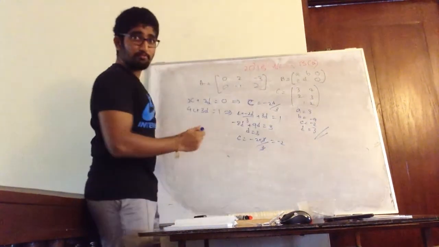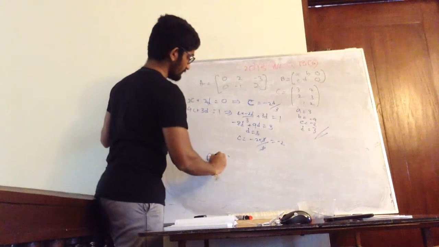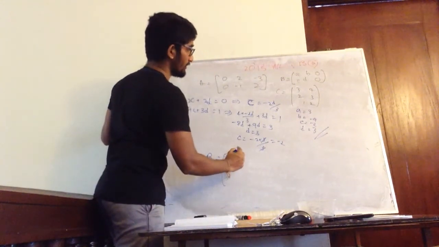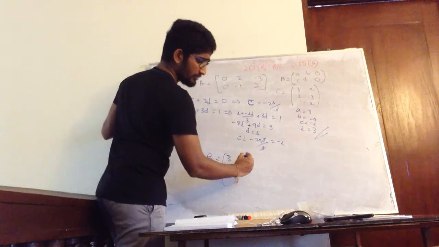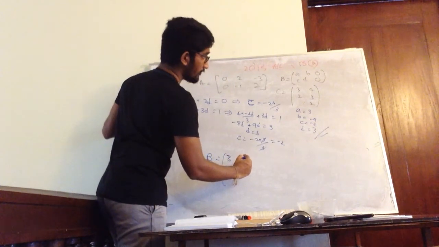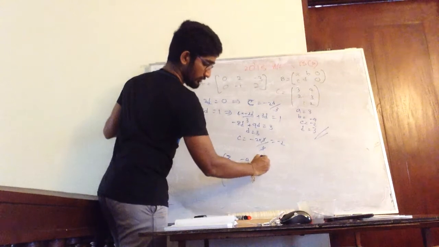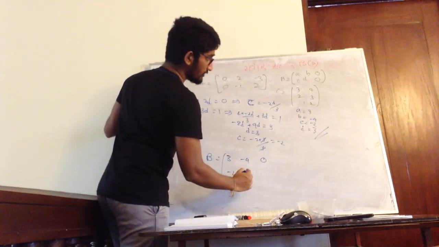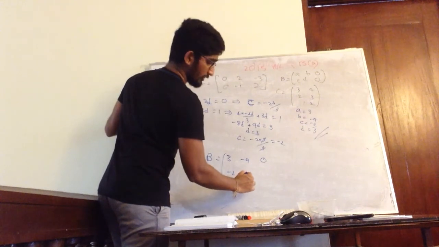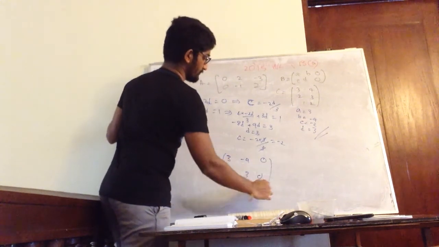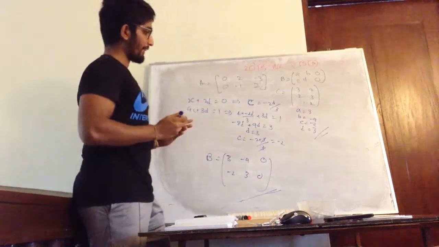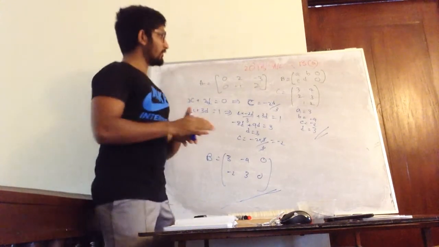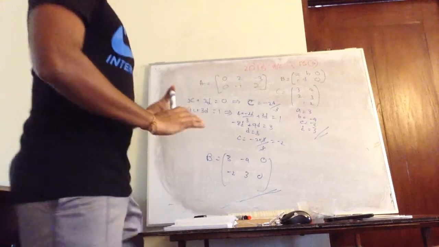So we can write B as AB 0, CD 0. What is A? 3. What is B? Minus 4, 0. What is C? Minus 2. What is D? 3, 0. Right, is it clear? So write this down.